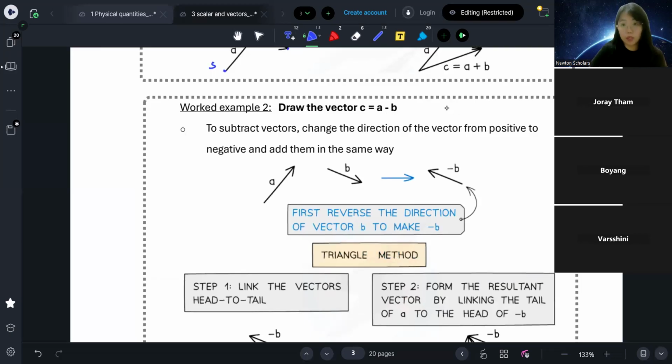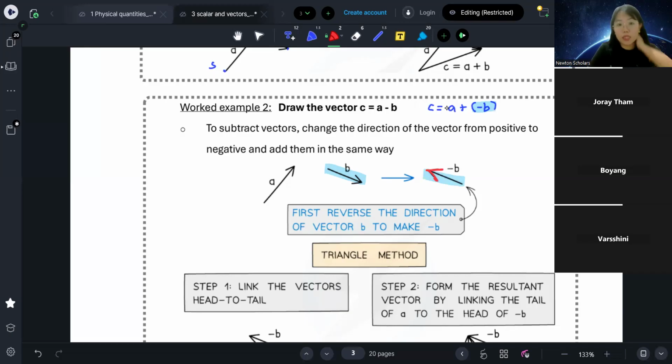Okay, boys and girls, I want you to write down here: C equals A plus negative B. Right now, for negative B, we should change the direction of B. Negative means the opposite direction. B was supposedly like this, but now I change my direction because I want A plus negative B.